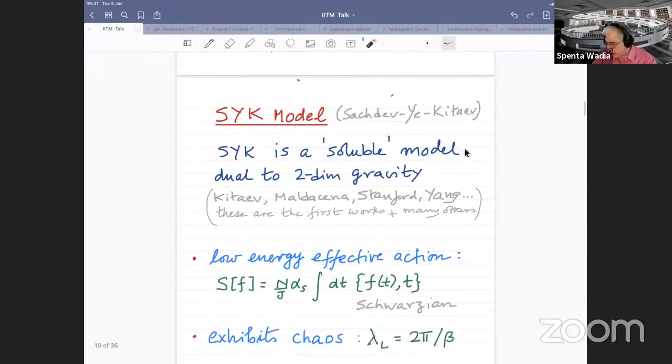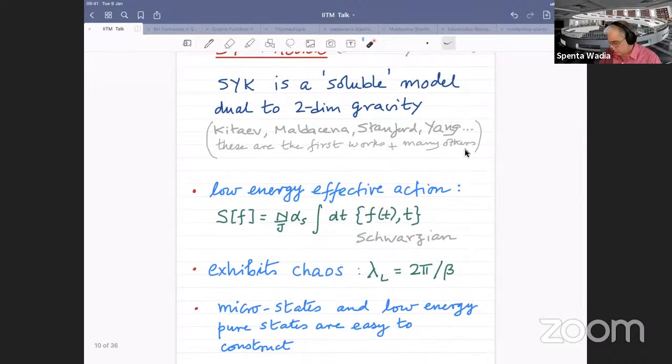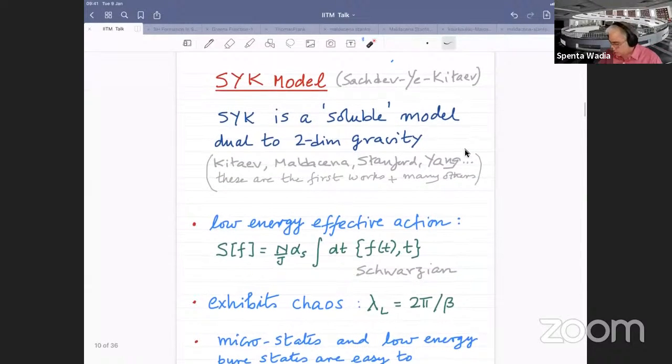So before I do that, let me just remind people about the SYK model. The SYK model is a model of random fermions, sort of similar to random matrices, but it has extraordinarily important properties. So the low energy effective action or the hydrodynamic action of the SYK model is given by this formula.